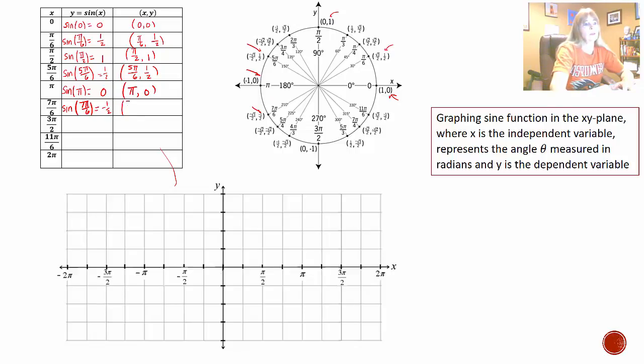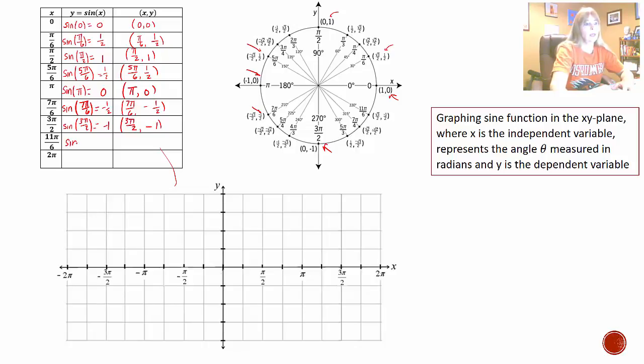So 7 pi over 6, -1/2. Then the sine of 3 pi over 2, so my y value would be -1. So 3 pi over 2, -1.